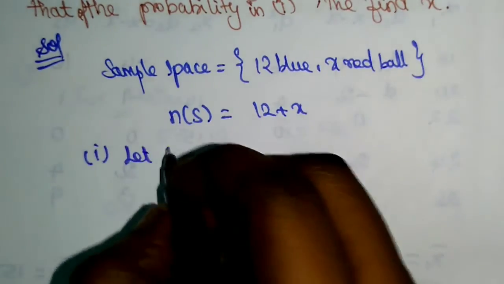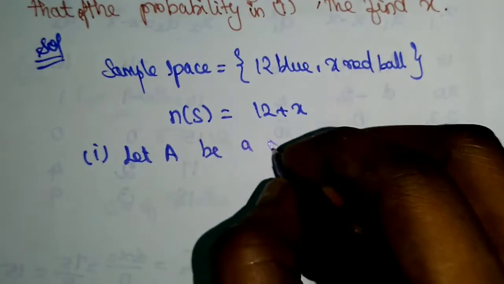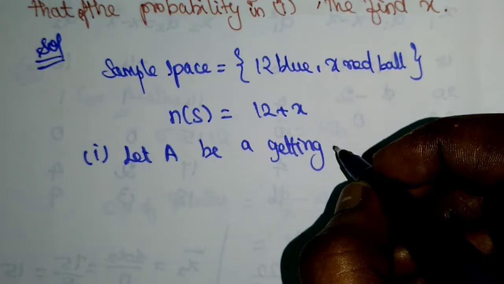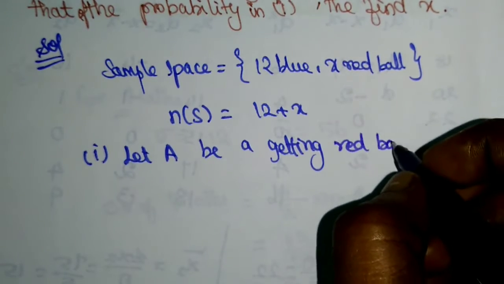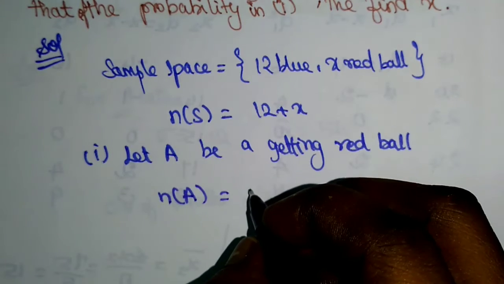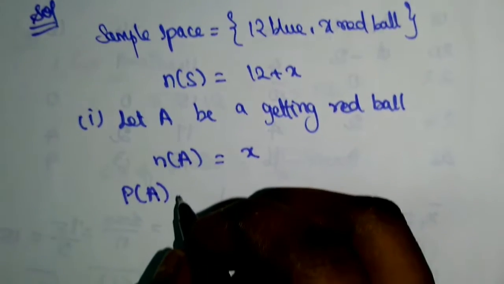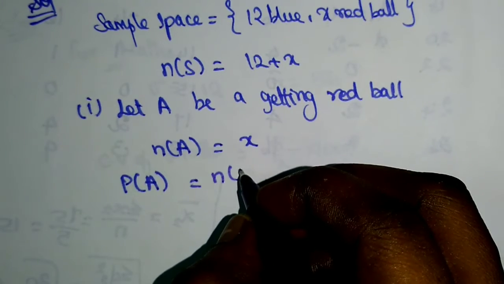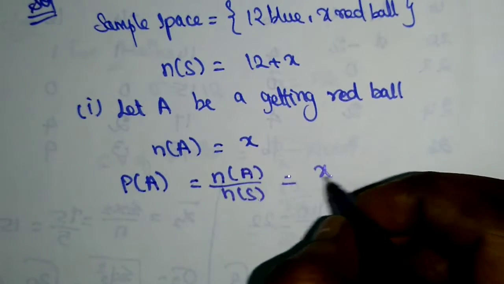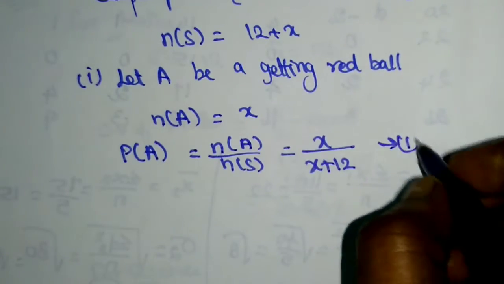Let A be the event of getting a red ball. So n(A) is equal to x, so P(A), the probability of A, is equal to n(A) divided by n(S), so x divided by x plus 12. This is the first equation.